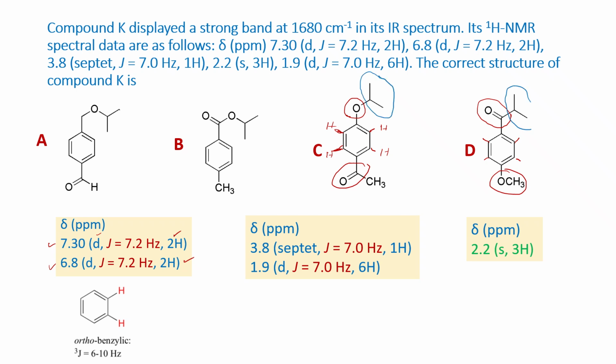We have two methyl groups, and the two methyl groups contribute the six protons, and there is a CH group here, and so it contributes one proton. So in both the categories we have this data, which is due to the methyl groups of the isopropyl group and the CH group, and it is the same in A and B also.